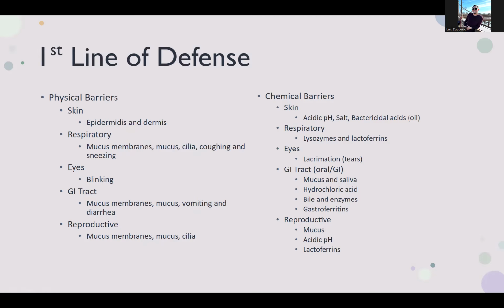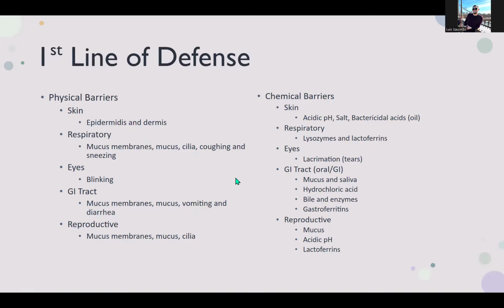The GI tract is also lined with mucous membranes and mucus, but it also has the ability to induce vomiting and diarrhea. And then the reproductive organs also have mucous membranes, mucus, and cilia or hairs to keep out foreign pathogens. For the most part, the physical barriers you've either experienced or you know of.